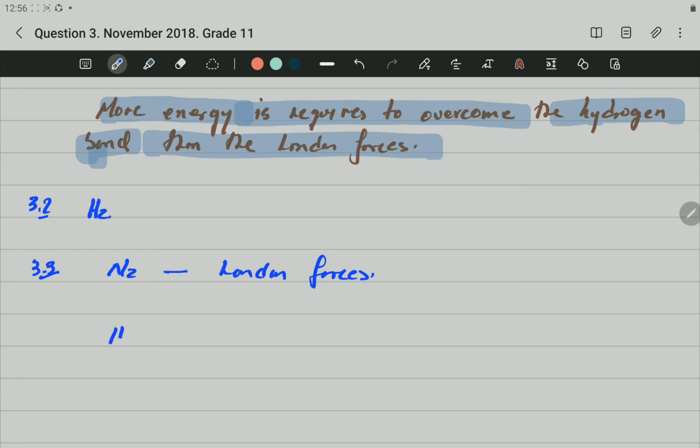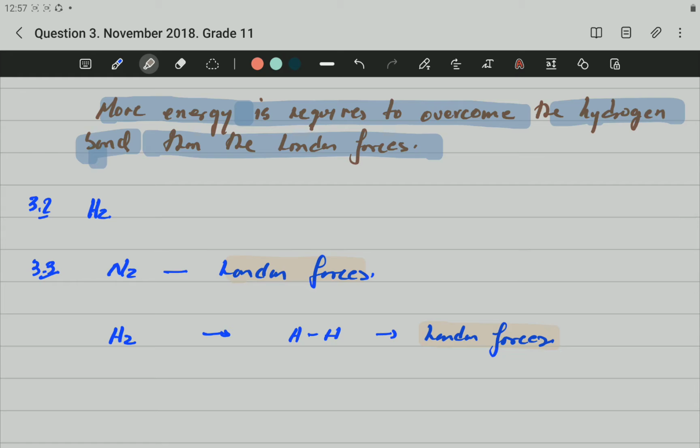For H2, if we draw the Lewis dot diagram, it will be one H with a single bond to another H. This is also nonpolar, so the type of intermolecular force will also be London forces. Both of them have London forces, and that is the first part of 3.3.